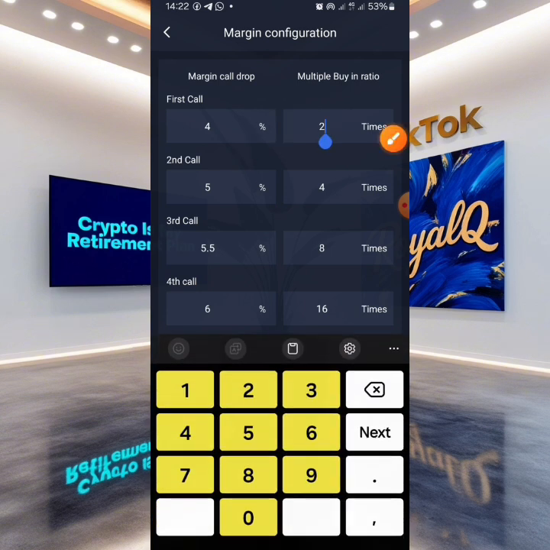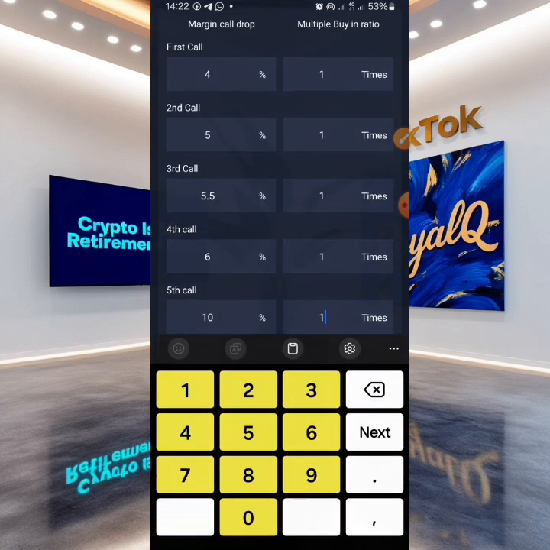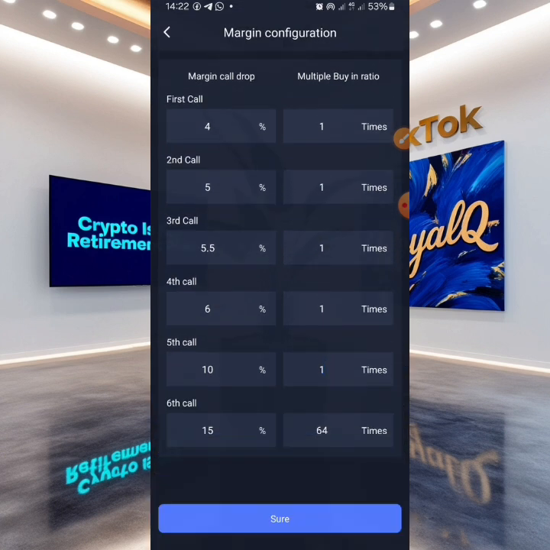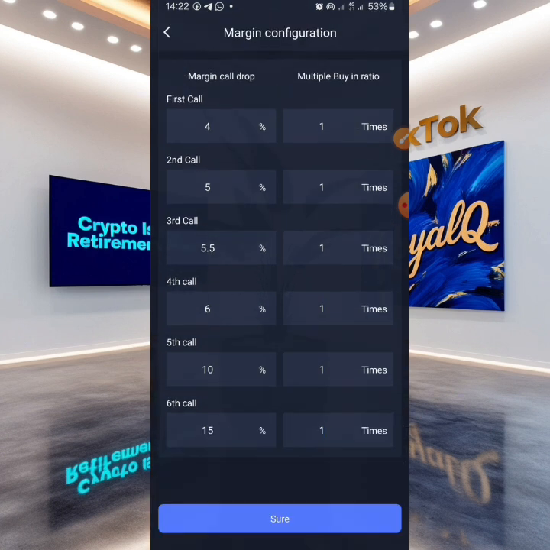So in this example, I'll put a 1. Why? Because I've set 6 margin calls. I want the robot to put the $80 in the market in 6 margin calls. So that is the whole position, the multiple buying ratio.